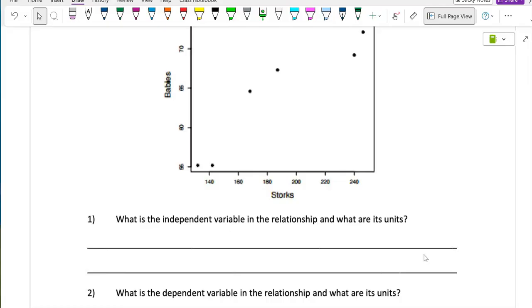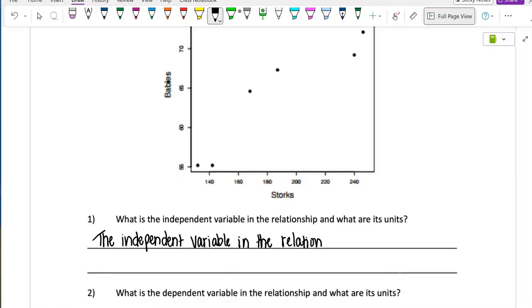It shouldn't just be yes, no. So the independent variable in the relationship is storks.